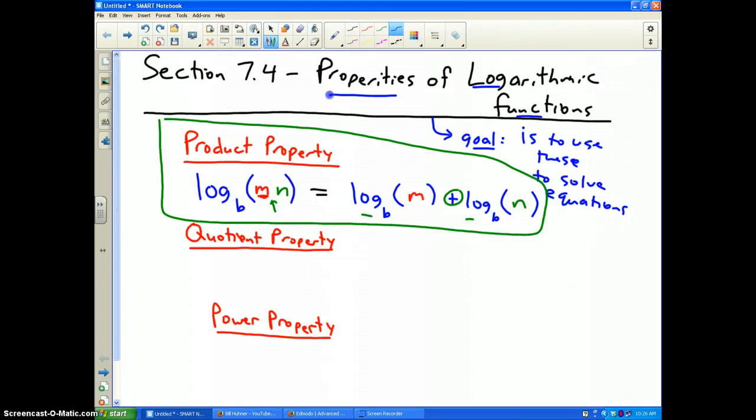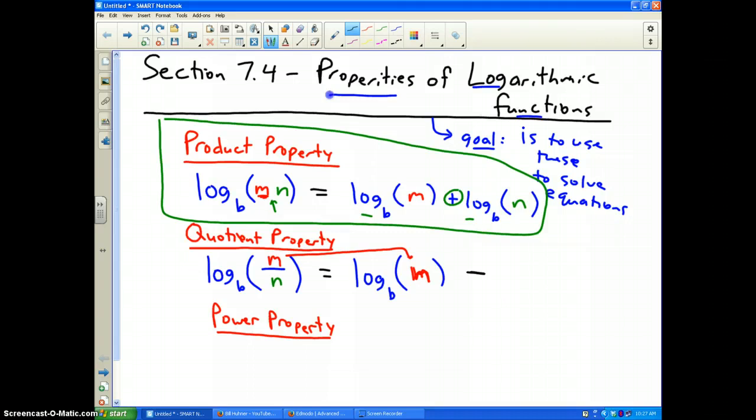The quotient property works very similarly. The log base b, and if you've got two things that are divided, m divided by n, that's the same as writing it as two logs: log base b of m, whatever the top number is, this guy right there, minus the log base b of what's in the denominator, n.